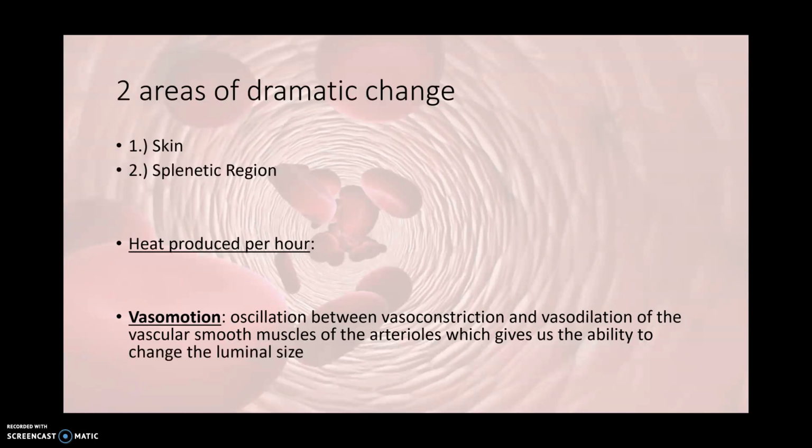So, vasomotion. This is the oscillation between vasoconstriction and vasodilation of the vascular smooth muscles of the arterioles, which gives us the ability to change the luminal size, right? We need to make this acute adjustment during exercise. We talked about that in the intro to cardiovascular physiology when we were talking about the vessels and the tree.